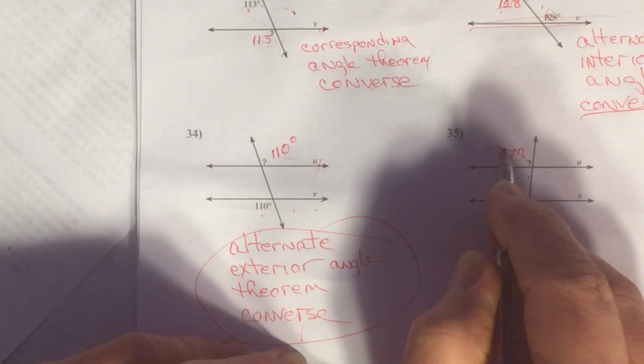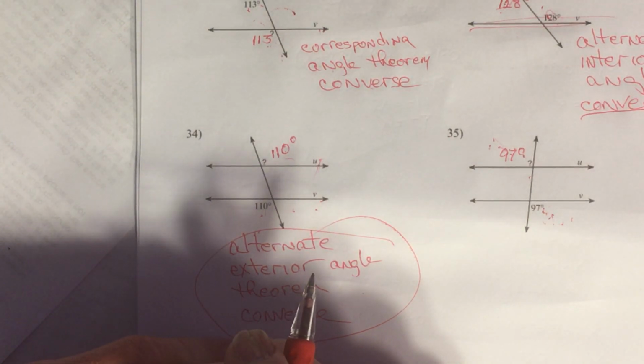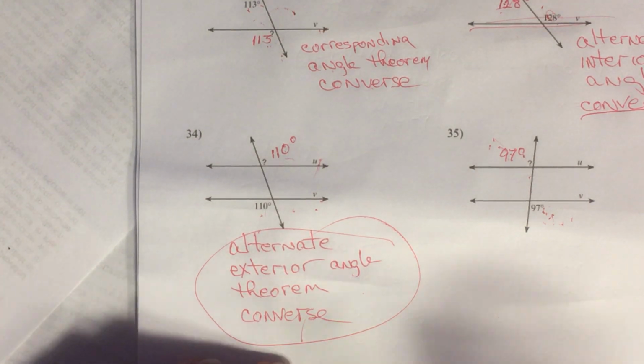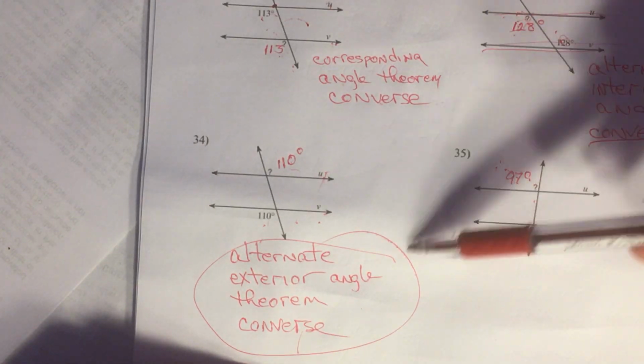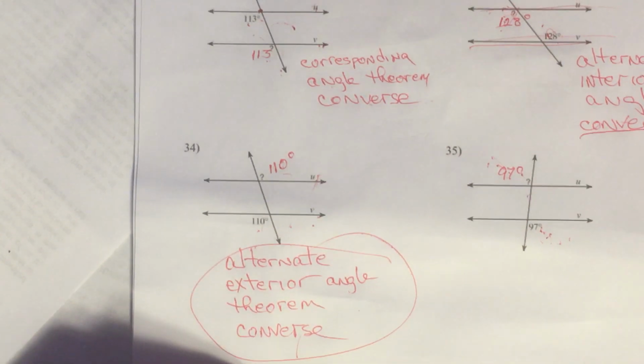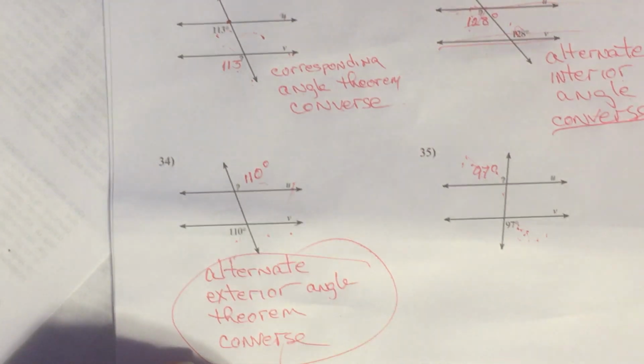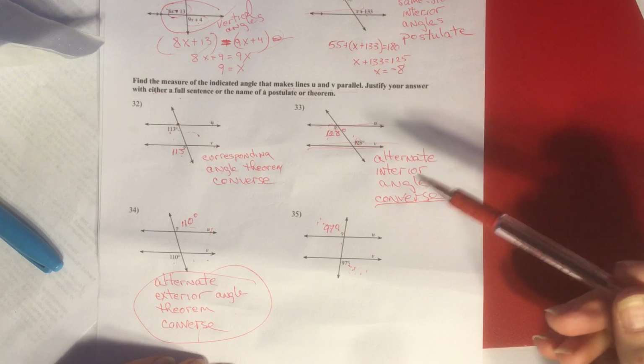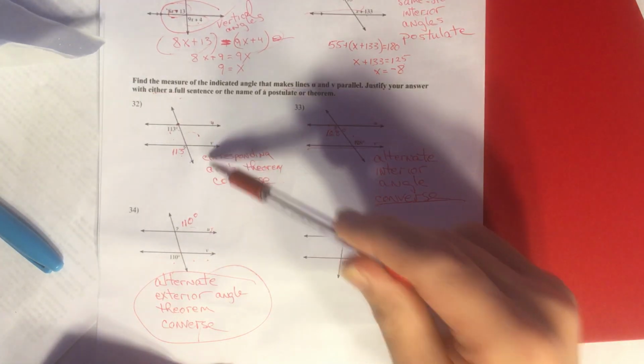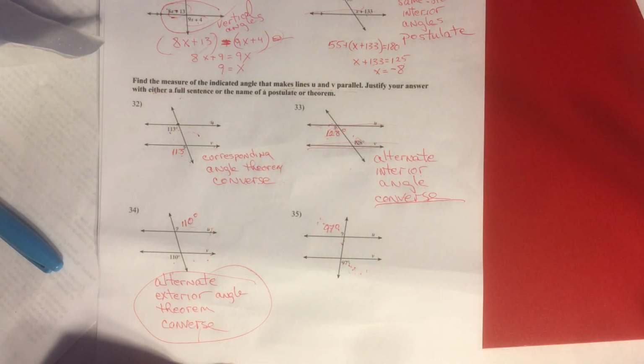I just have to write this in here. But they're not. Well, they are if you know what the converse means, right? And if you recognize that it's the converse of the theorems that you have to use in order to make these lines parallel. Okay, that's what's critical here.